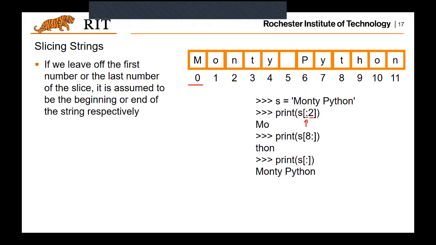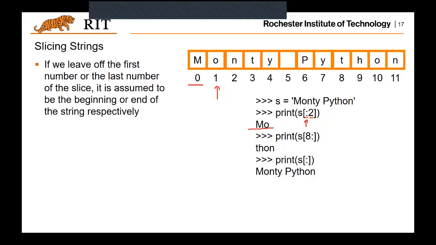And we want to end at 2 minus 1, which is 1. So in this sense, we have MO shown here. All right, so that's for when we do not put the first number here.